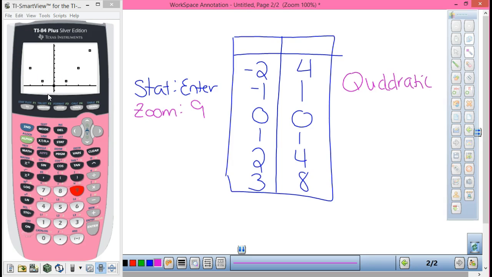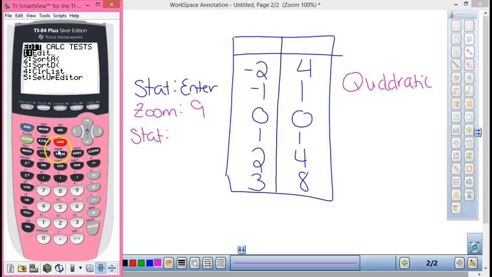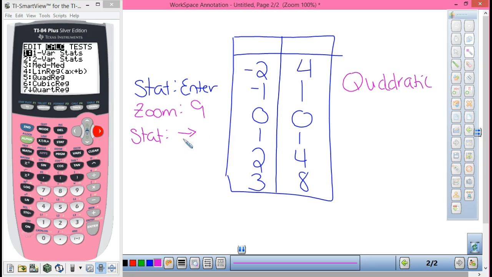Okay. All right. So, if we need an equation for quadratic, because we've only done this like once, right? We're going to hit stat. We're going to go over to calculate. Okay, and which one deals with quadratic? Now, before you press anything, some of you have pressed stuff.